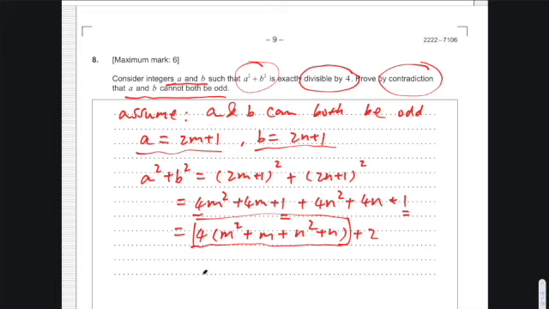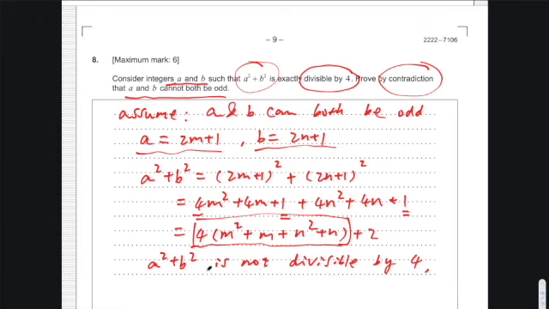So that means a squared plus b squared is not divisible by 4 if a and b are both odd integers, right?